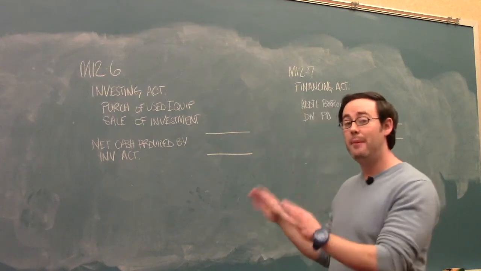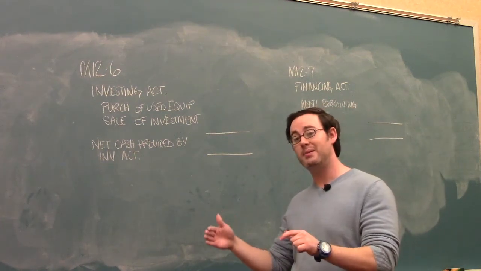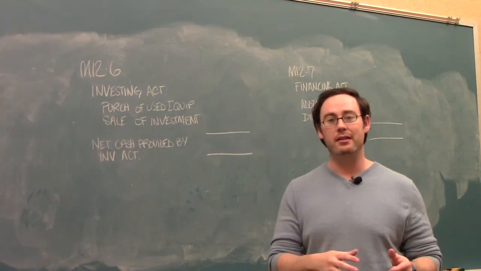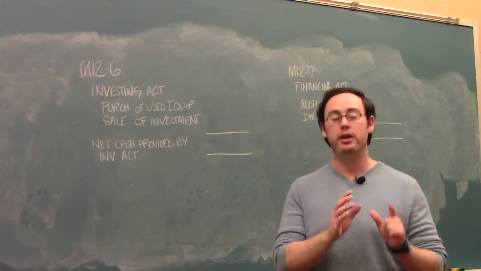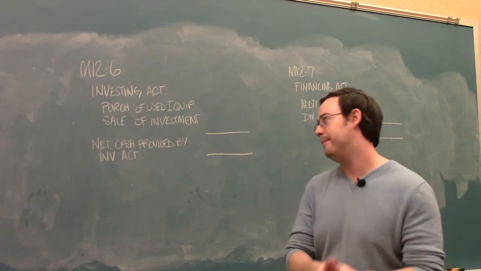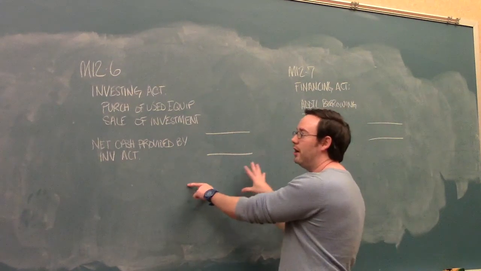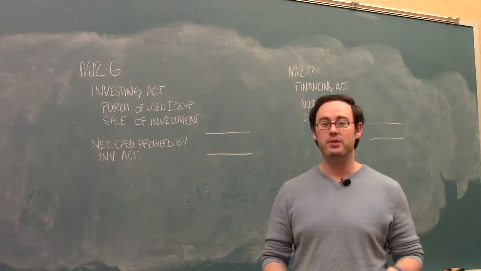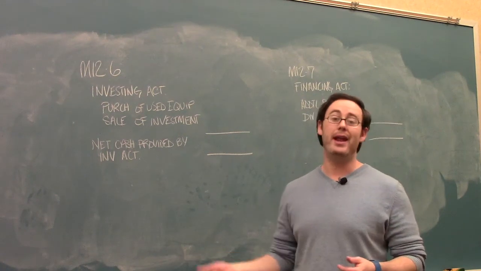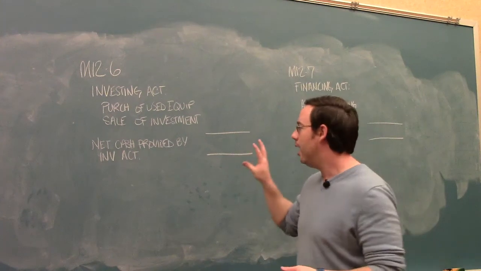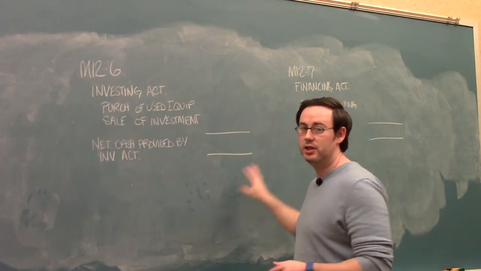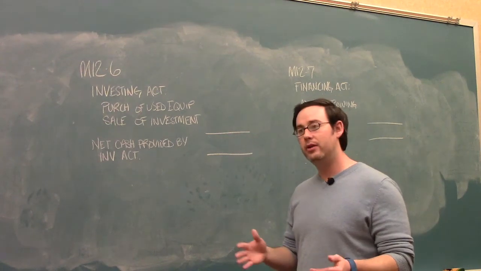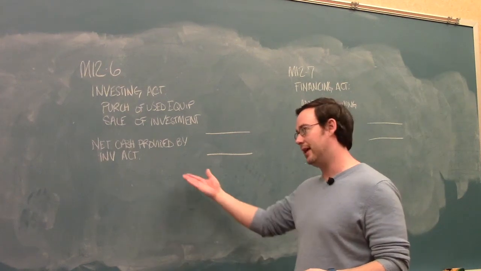Therefore, when you do the operating section, particularly if you're doing the indirect method and adjusting from net income, you're going to have to adjust for those gains and losses, which are non-cash components of the net income. The thing that should be reflected on the investing activities is the actual cash received, the proceeds received from disposing of that asset. So that's what I mean by the investing and financing activities should reflect actual cash transactions, not the other components that can be associated with it, like gains or losses.